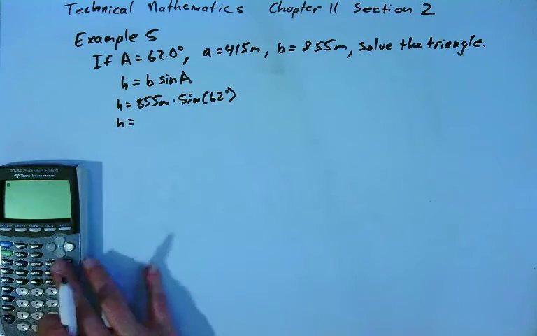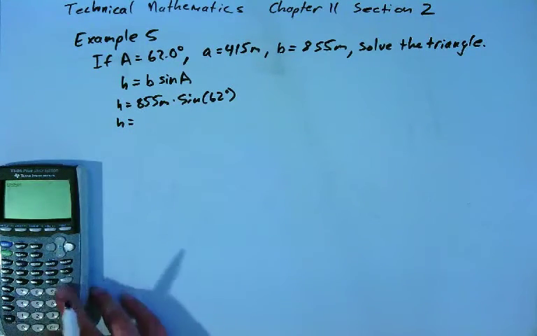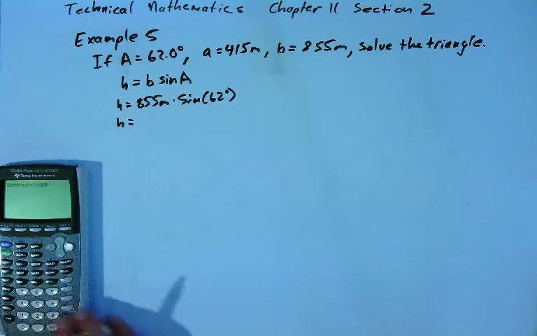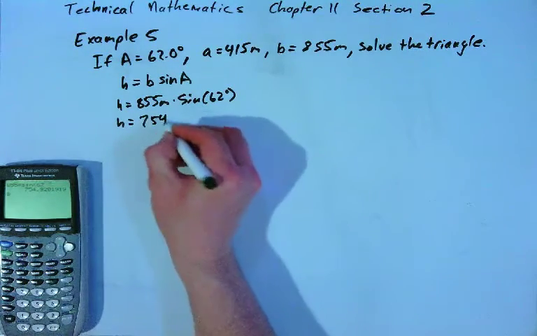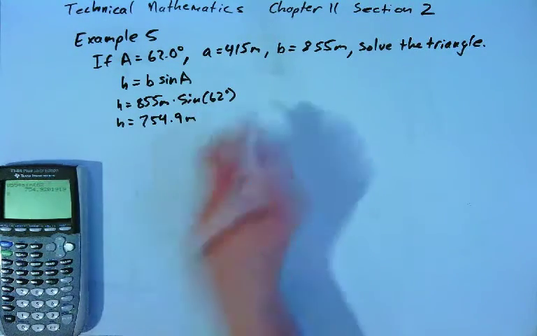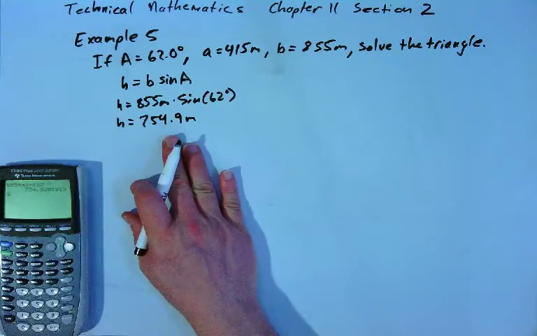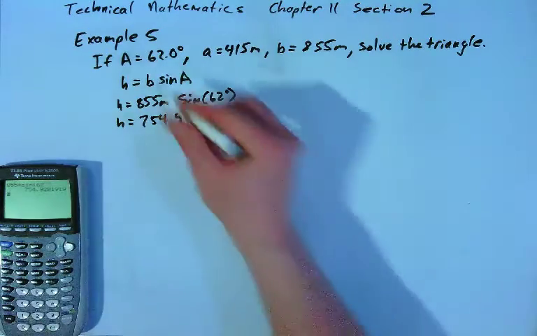And so h will be 855 times the sine of 62, which is 754.9 meters.